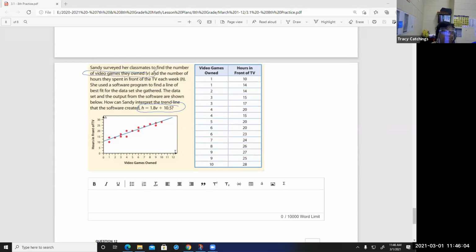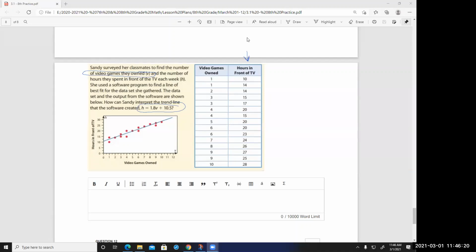All right, is she talking about video games? All right, she's talking about the number of hours they spend in front of the TV. What's the y-intercept? Look, they got you the equation. 10.5.